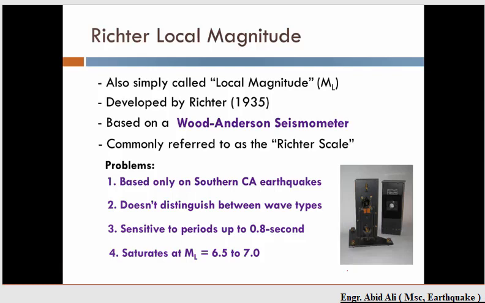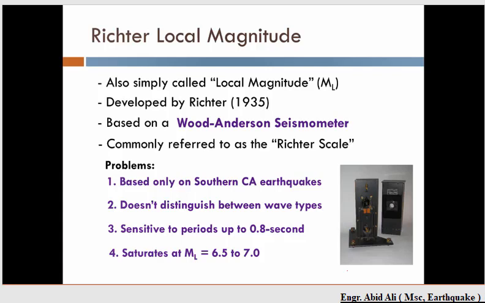If you rattle something or shake something at its natural period of vibration, it will rattle itself to pieces. The Wood-Anderson seismometer has a natural period of vibration for periods less than 0.8 second, and so the earthquake motions less than 0.8 seconds really got it going.